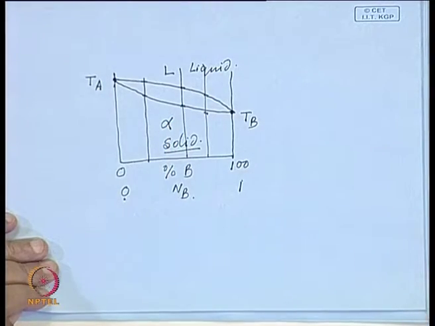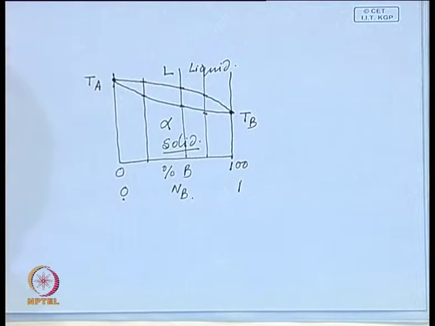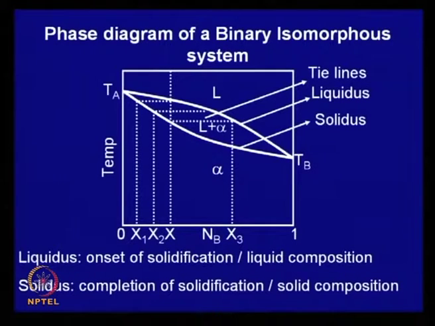The phase diagram describes the solidification range of an alloy, and in this case of a binary isomorphous system, this is a typical phase diagram. The T L line that represents the temperature at which solidification begins is called liquidus, and the line which represents the temperature at which solidification is complete is called solidus.